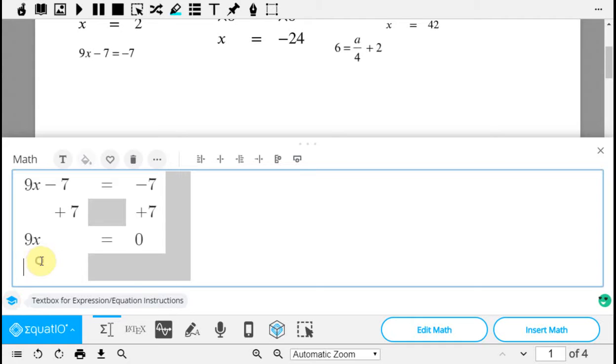Now this is like our single step equations. We are multiplying by 9, so we want to divide by 9. And do the same thing to the other side.